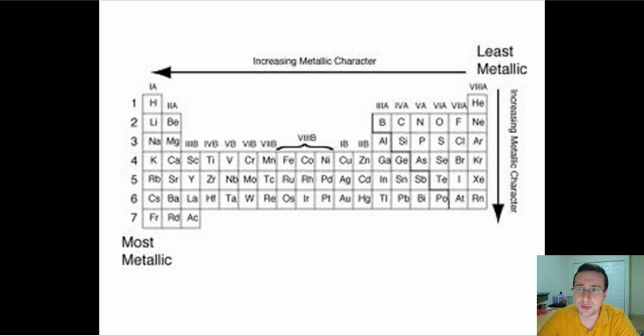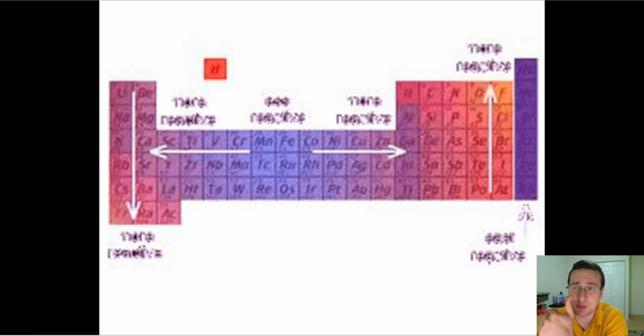Now that we've talked about this, it makes sense for us to talk about the groups of the periodic table. Before we do that, let's talk about reactivity, which is putting both of them together. All right? So who are the most reactive elements in the periodic table? Well, it's going to be the ones which are desperate to give or desperate to take. So the most desperate to take are going to be this on the top right over there. I'm going to put this in blue so you can see it better.